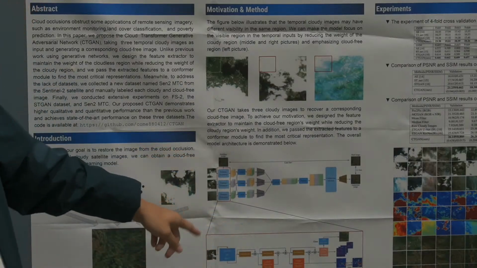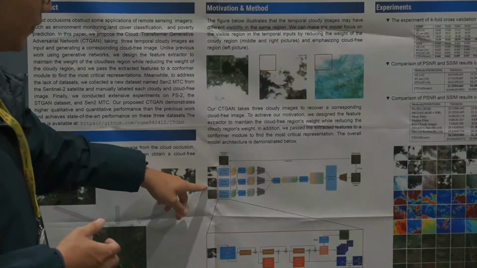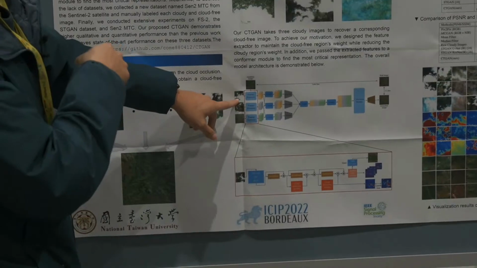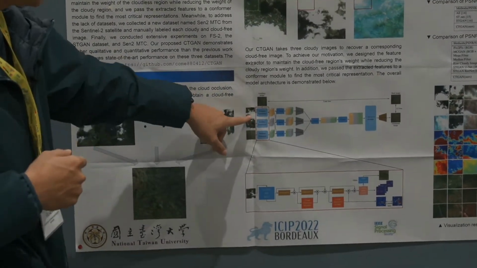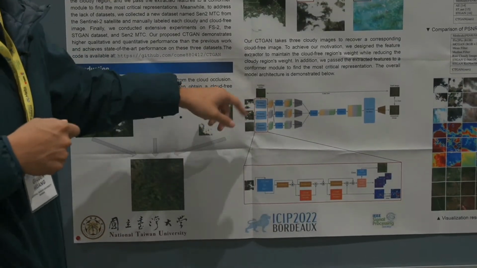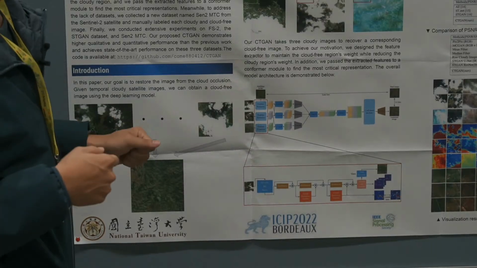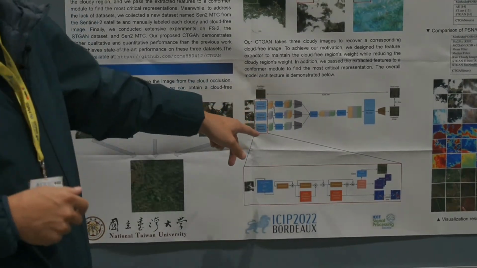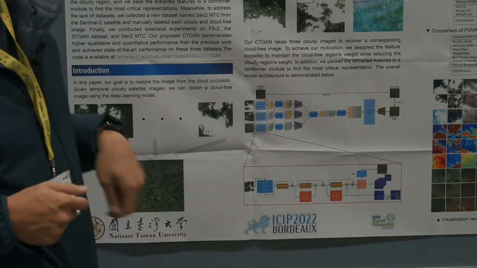Our model architecture refers to previous work. We take three satellite images as inputs, and these images pass through a feature extractor to get a representation. This representation is concatenated with the neighbor and fed into an encoder for downsampling.